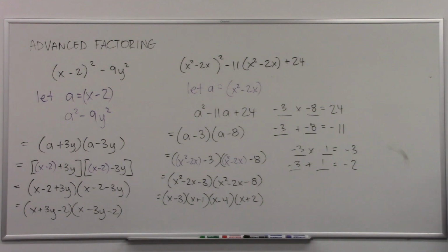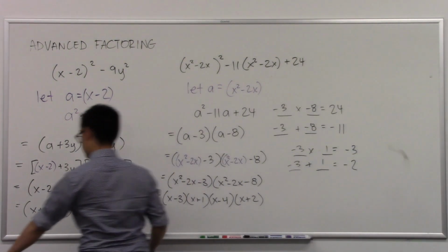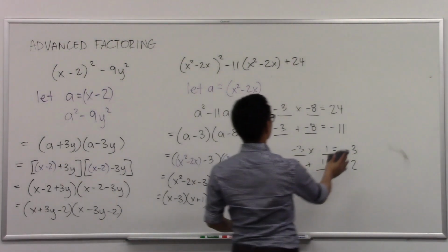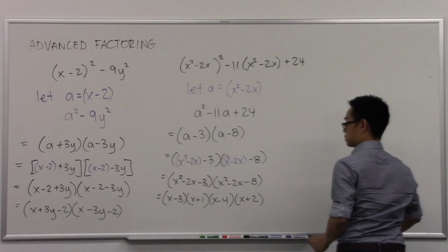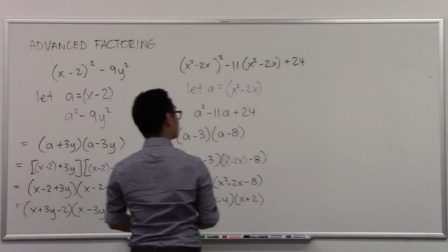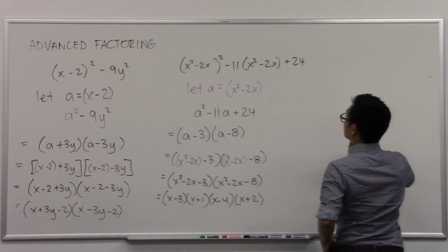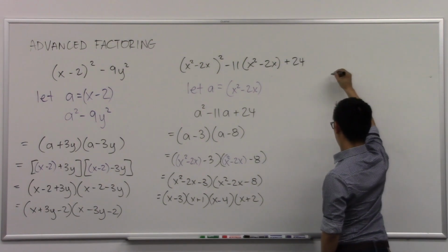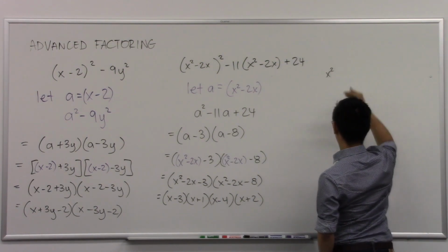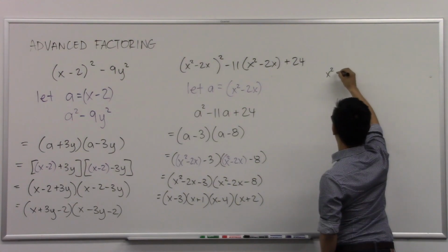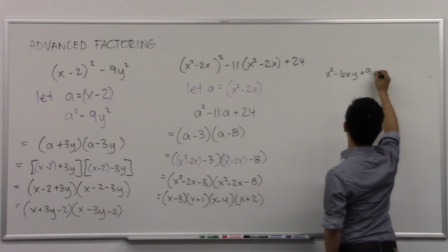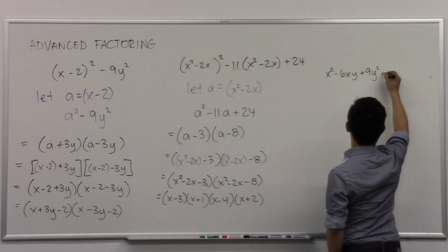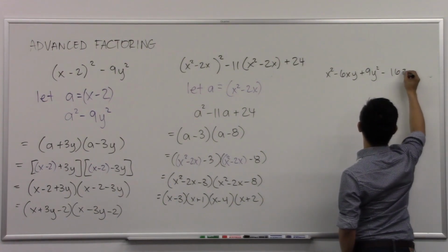Okay. Last one we'll do. What if I had given you x squared minus 6xy plus 9y squared minus 16z squared?